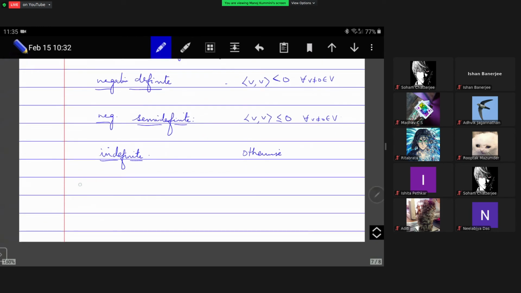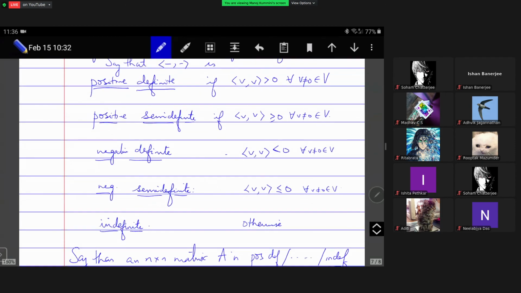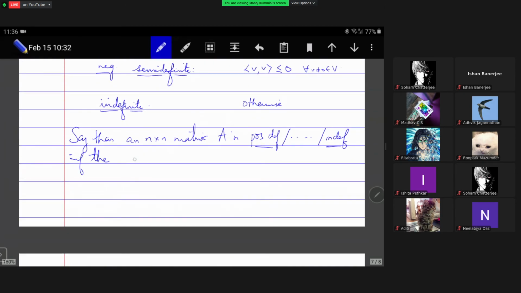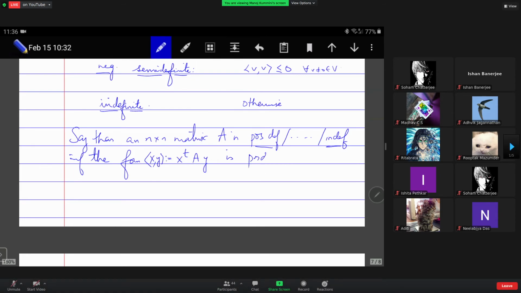Similarly, an n by n matrix A is positive definite, etc., the same five things that we mentioned above, if the form X transpose AY is positive definite, etc. So the question is, when does X transpose AY represent the dot product in some basis?